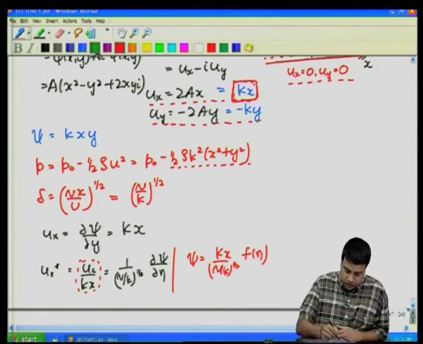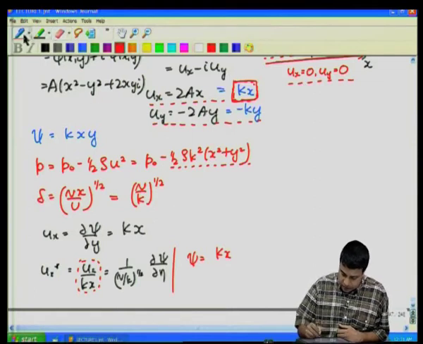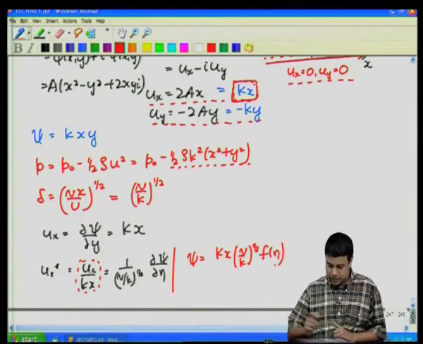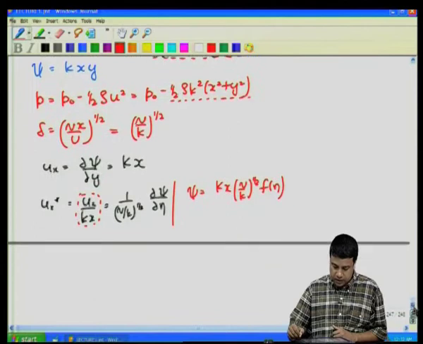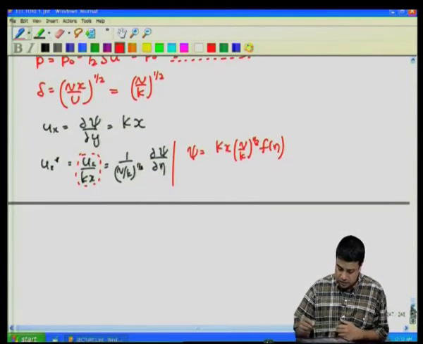I am sorry, psi is equal to k x into nu by k power half, the velocity times a length scale. k x is a velocity scale because u x is equal to k times x, times a length in the y coordinate, times f of eta, which is the stream function.